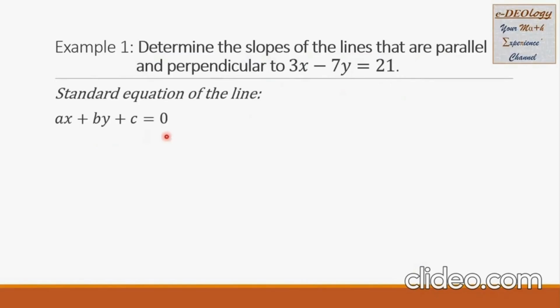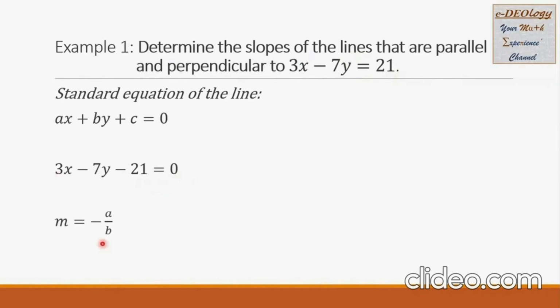We can translate our given line here into standard equation. We will simply transpose the 21, so the positive 21 will become negative 21, and the right side becomes 0. So the line now is in standard equation.